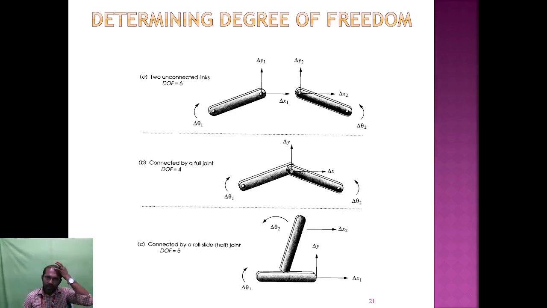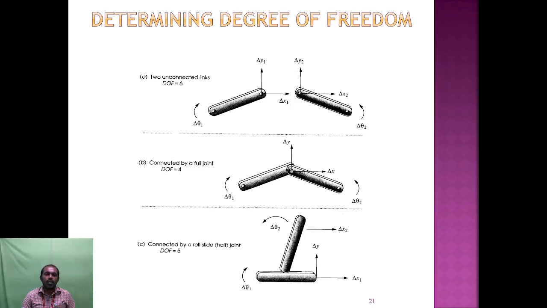So here is how to find the degree of freedom. Case A: 2 unconnected links, named L1 and L2. L1 is one link with two nodes, and L2 is one link with two nodes. L1 has one rotation, delta theta 1, and at the same time linear motion delta x1 and delta y1.